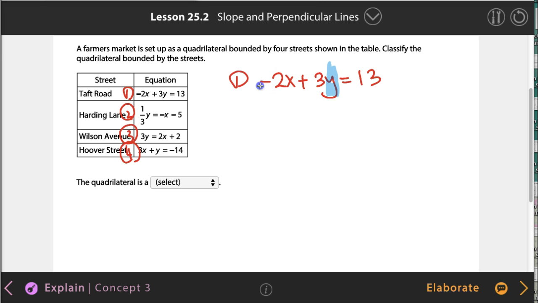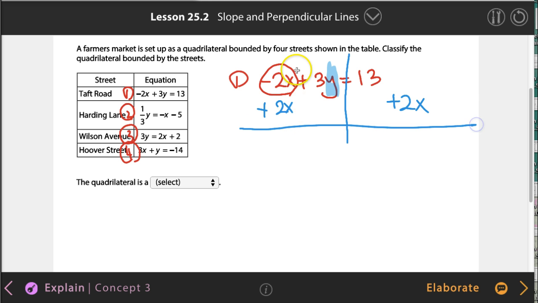So we're going to go ahead and separate the negative 2x first from the 3y, and we'll deal with the 3 later on, okay? So how are we going to get rid of that? This is a negative 2x, so if we add 2x to both sides of the equal sign, we know that this would disappear. So then I'll be left with 3y, and that equals 13 plus 2x.